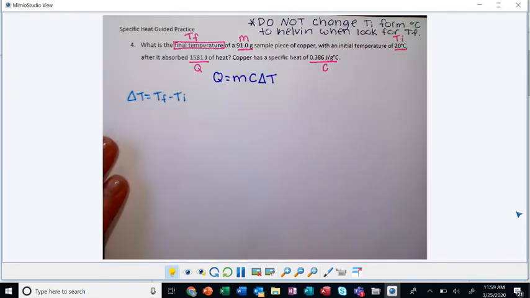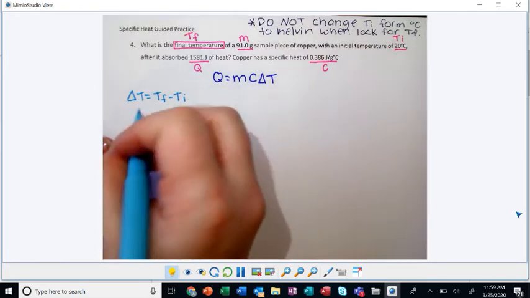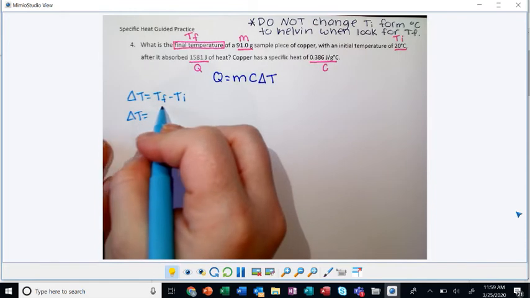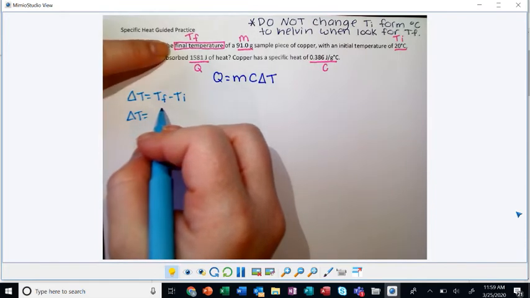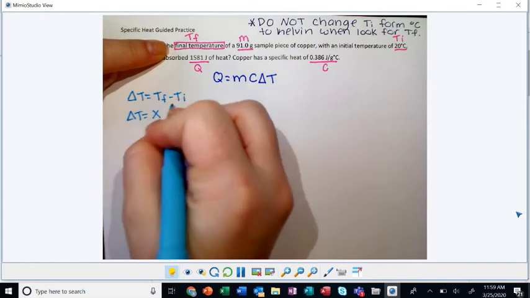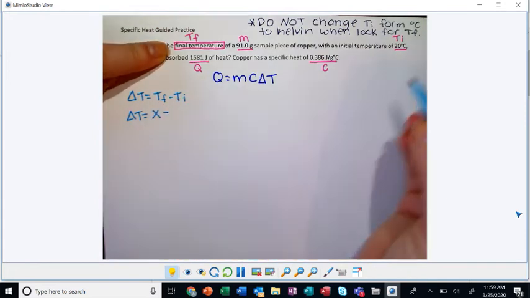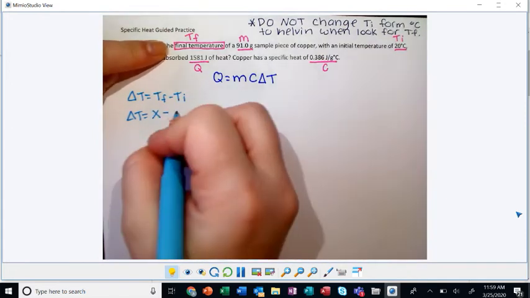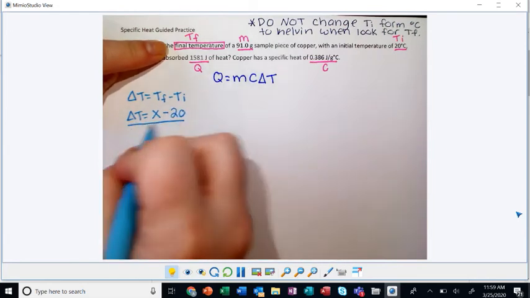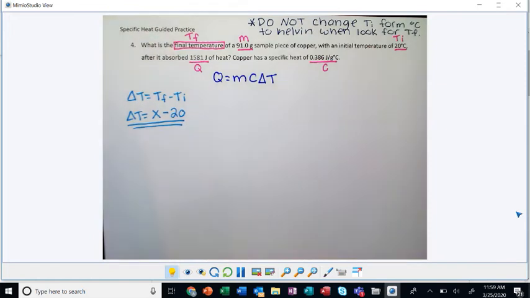So we're going to go ahead and we can plug in what we know, right? The delta T is equal to T final. But look, that's what I'm looking for. So again, if I'm looking for it, it's got to be X minus the T initial, which is 20. So this is what I'm going to use to plug into my equation, all right? So let's do that.